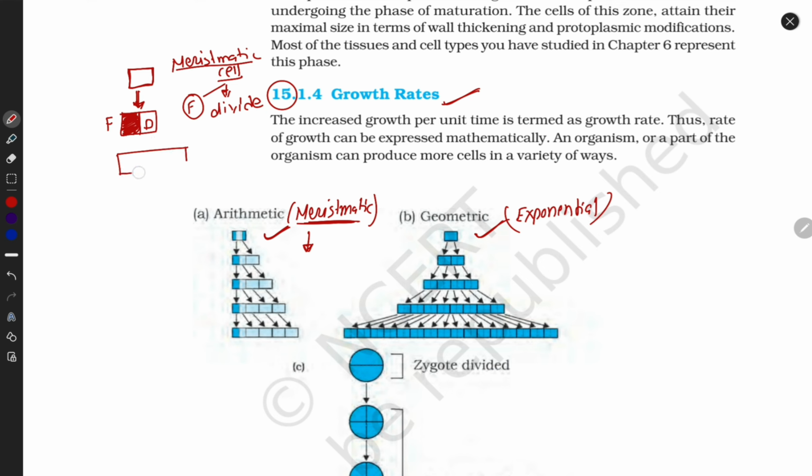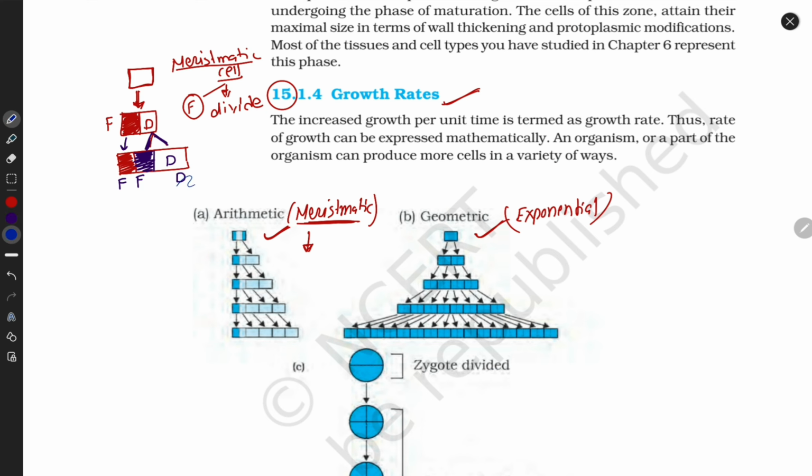This cell again divides, this cell again divides. This is the previous cell, and now this is the new cell, and this is the dividing cell. This divides into two parts, one functional cell and one dividing cell.